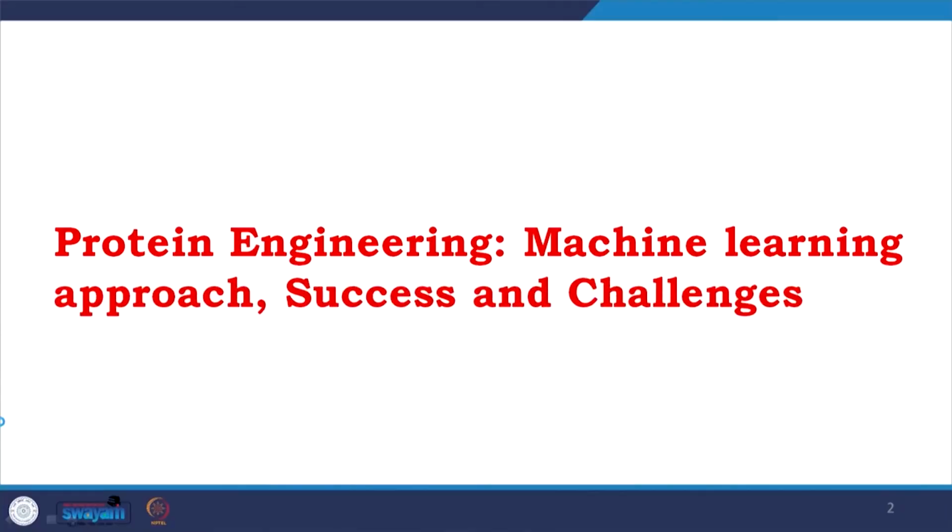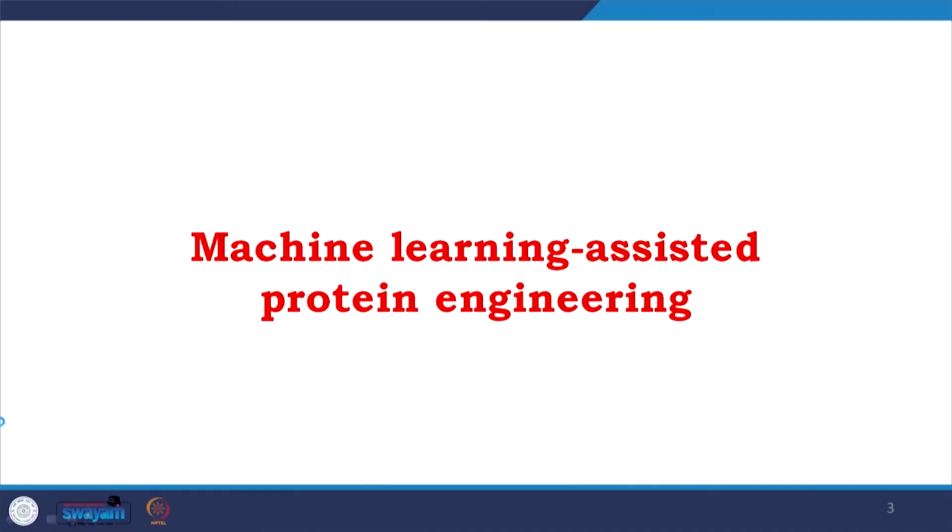Today I will discuss machine learning approach along with the success stories which help us understand what is happening in this field currently and the challenges which we have to work on in future. To start, we will talk about machine learning assisted protein engineering.